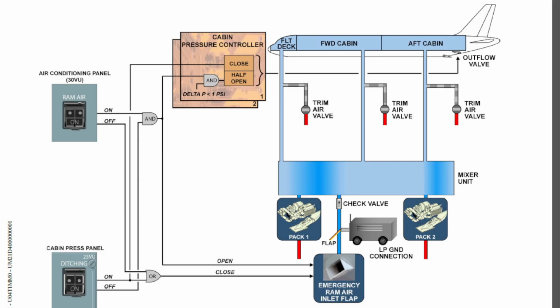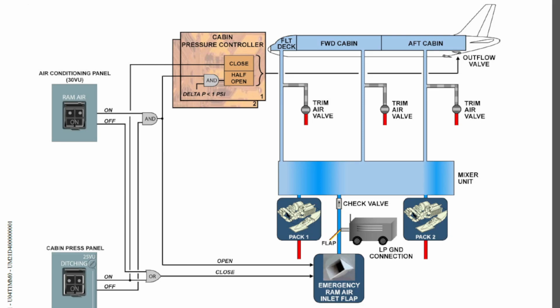In this case, by opening this emergency ram air inlet, you can take outside air directly to the mixer unit, and from there you can distribute that air to the related zones. This is not the only time we will use the emergency ram air inlet.